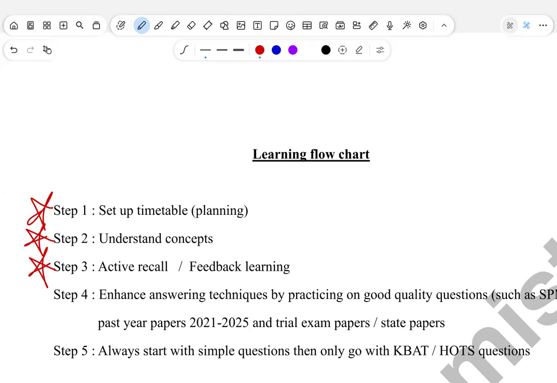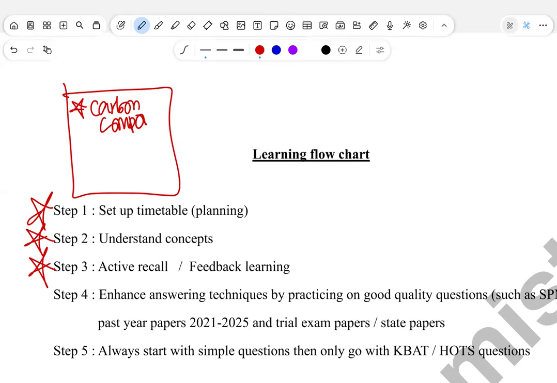Okay, so let's say today you set a simple target. Let's say I set a target by this week, I need to revise carbon compounds, and I just want to focus on reading alkane and alkene, for example.